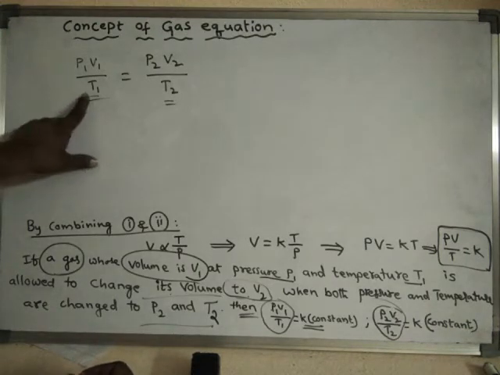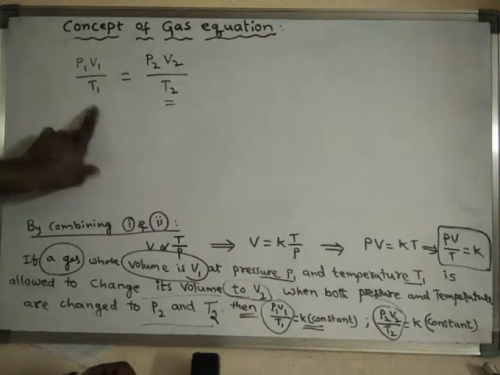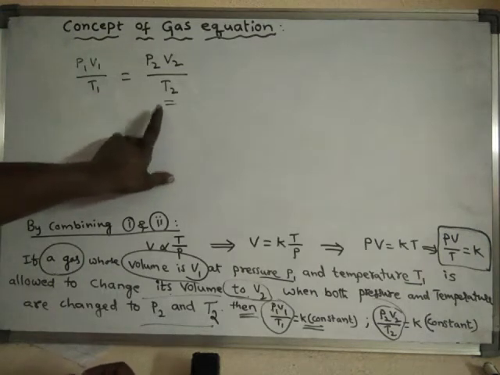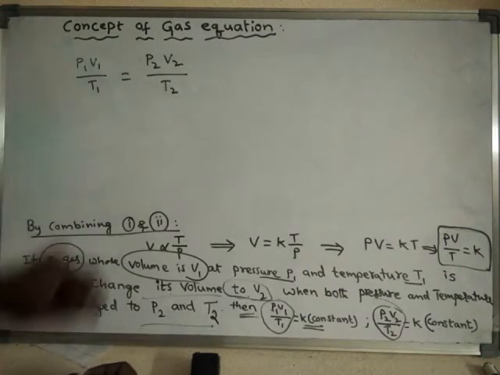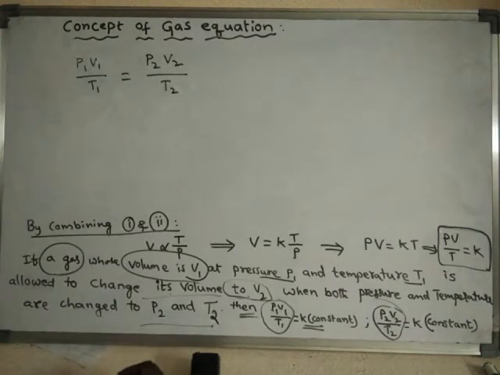This T is called absolute temperature, or Kelvin temperature. So if degrees centigrade is given in the question, we have to compulsorily convert it into Kelvin temperature.